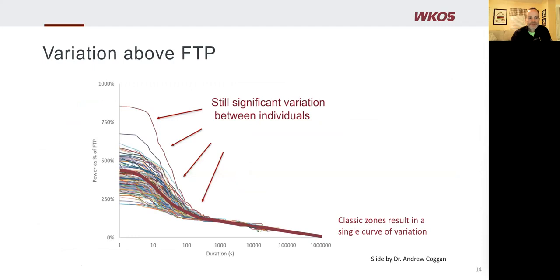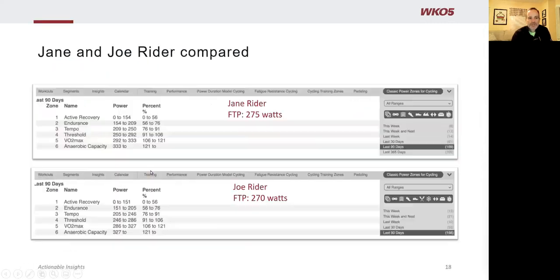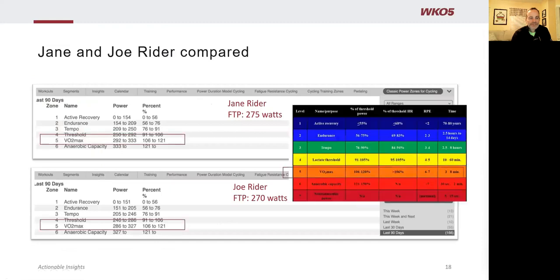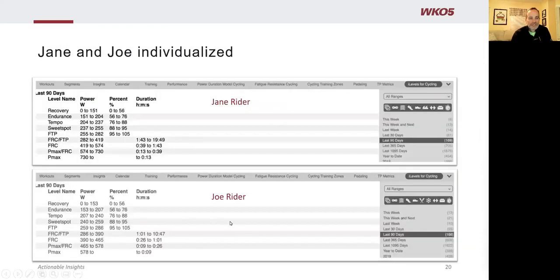I'd have to go all the way back, but we don't see much variation here, so it wasn't worth it. We did individualize it, and the numbers were basically always the same, so it was easier to keep numbers below threshold the same. It's where we see all this variation above threshold that drives the individualization. That's why in the iLevels you see the classic percentages below, where everything above is using the individualized mechanisms.